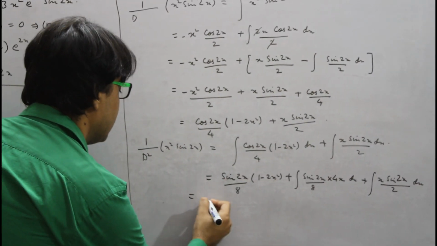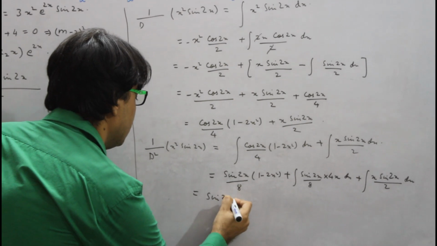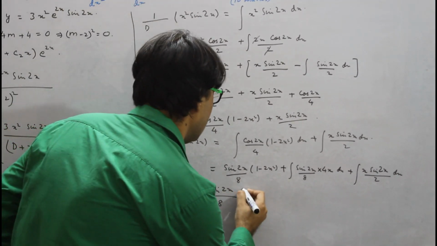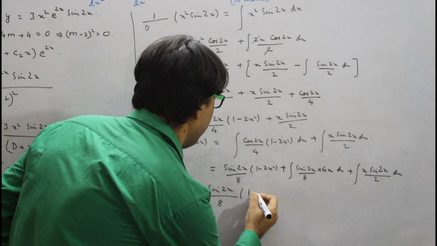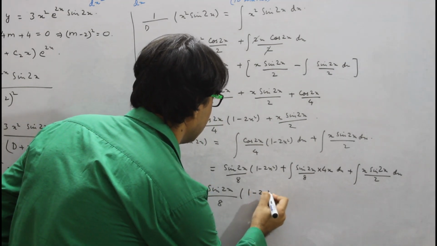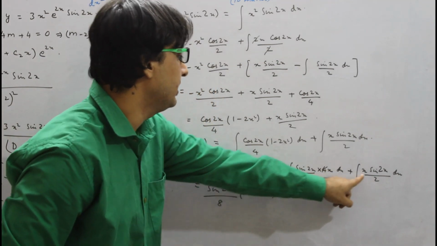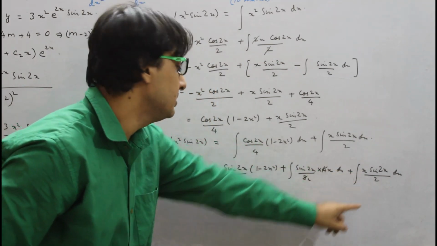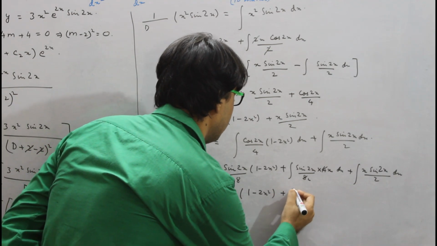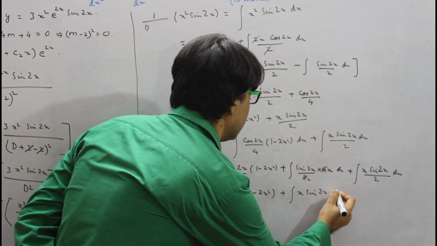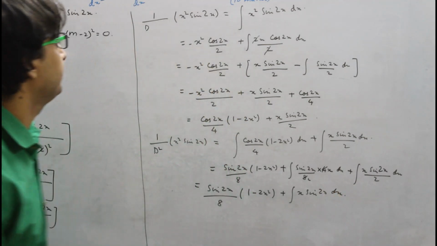So we get this as sine of 2x divided by 8 into 1 minus 2x square, and this becomes x by 2. So x by 2 sine, so these are common, so we can write it as the integral of x sine 2x dx.